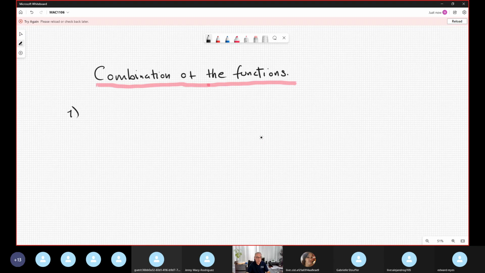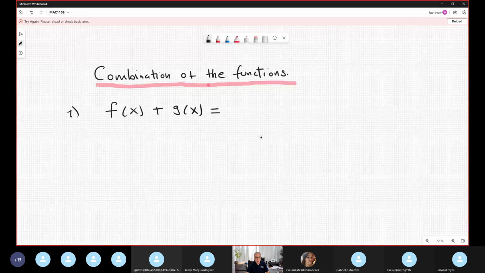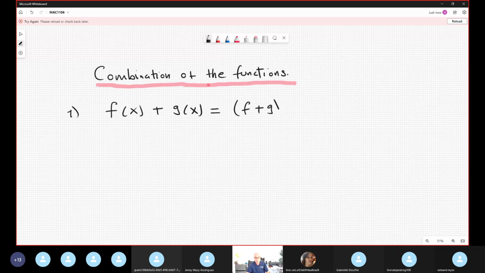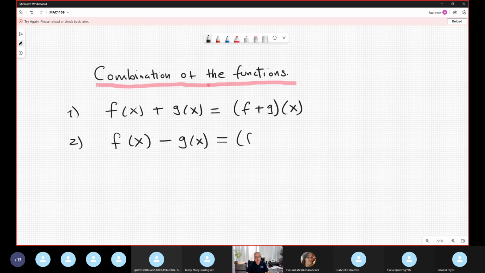Now, suppose in the symbolic way you have 2 functions, f of x and g of x, and you can combine using plus, addition, sum. And the symbolic way to indicate this idea is doing it that way, parenthesis f plus g of x. Okay, symbolic, and this is the natural way. And subtraction, well, similar. F minus g, it is important to specify who is the minuend and who the subtrahend.